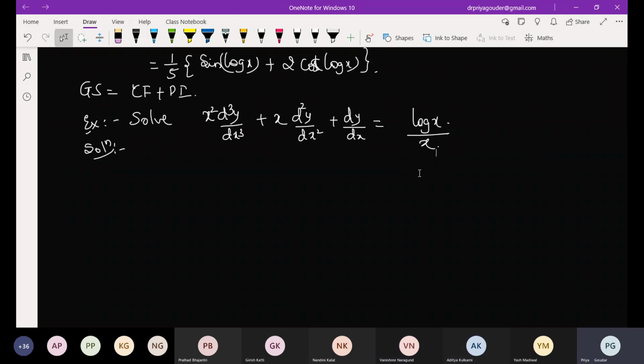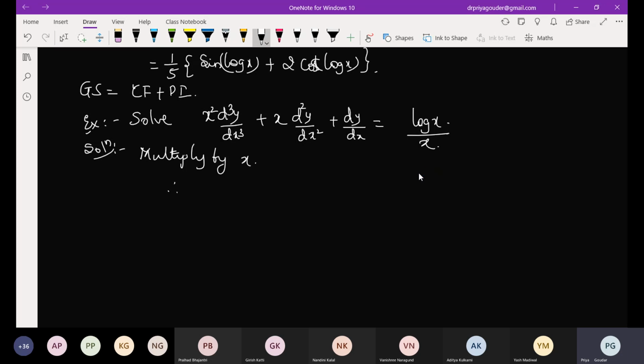Multiply by one more variable x. Because the third order is there, but the power of x is 2, one x is less here. So better you just multiply by x throughout.